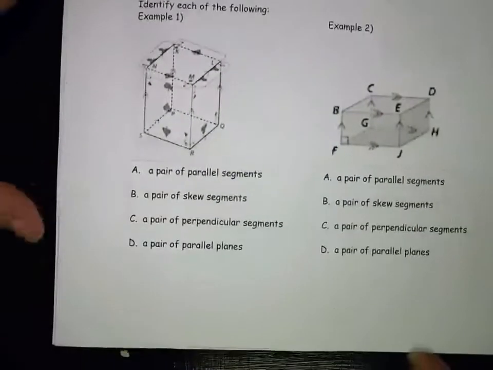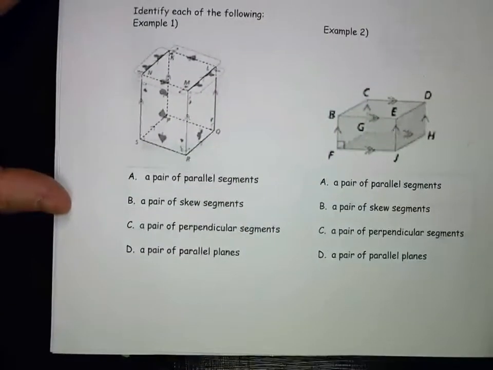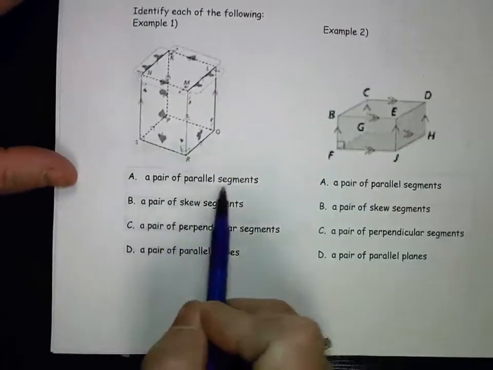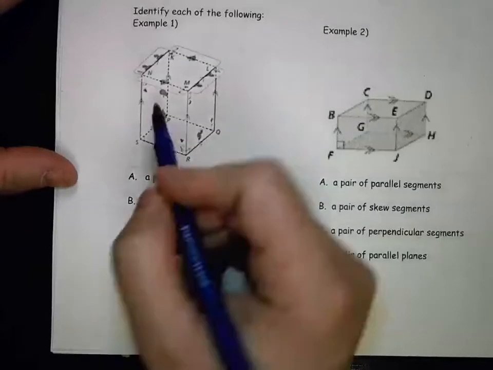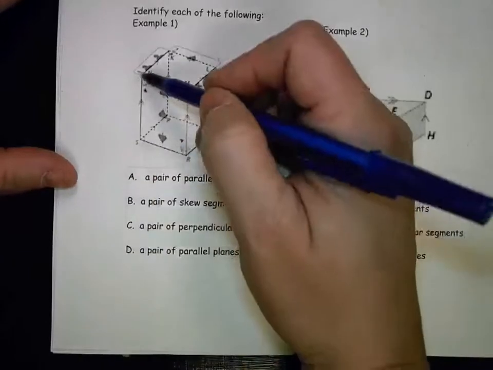And the first thing we're asked to do with examples is just identify each of the following. Parallel lines. Boy, it's kind of hard to read here, isn't it?